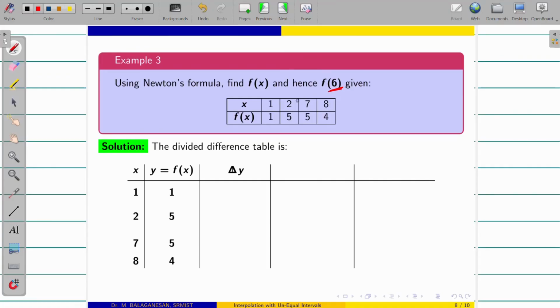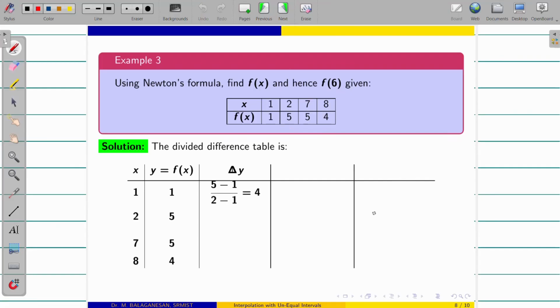F of 6 falls in this place. But what about the y values? They are not in ascending order or in descending order. When can you do the cross check, as I told you already? It should be in ascending order or descending order. Then only can you check it. Or else you are not supposed to do that. You can't do the cross check here.